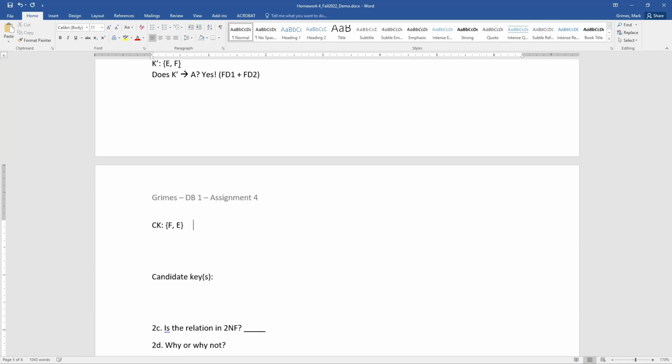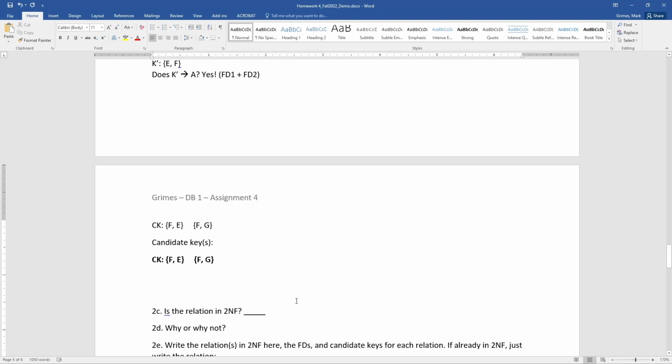So anywhere we see an E, we could put an FG, which would look something like this. We don't need this duplicate F, so this is FG. So this is the same candidate key that we found through synthesis. These are both the same candidate keys that we previously found. So that's our answer here, that we have two candidate keys, FE and FG.